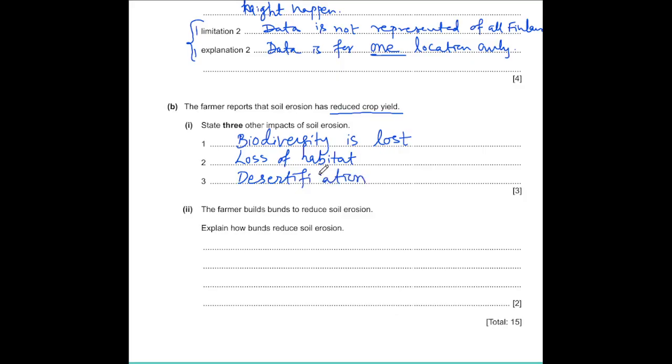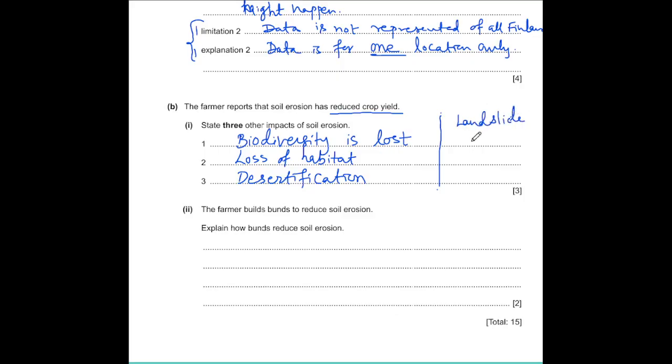Anything else that comes to your mind, you can write. Just mention 3 points only, don't go more than that. If any extra point is there, you will not get the marks if you write it. It's for 3, so please stick with that. Displacement of people, or landslide, or you can write malnutrition also. Fine, so we'll stick to these 3 points here, or I'll mention the other few things that you can do, but please don't do this in the exam.